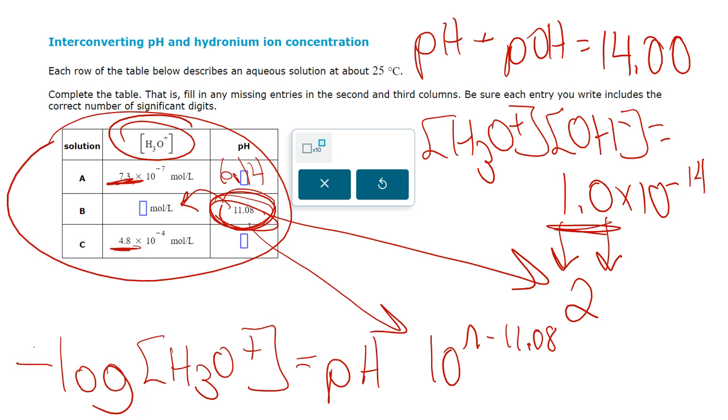And I get, what? So 2 sig figs, 8.3 times 10 to the negative 12th, big M. So moles per liter, same thing as big M. Big M equals moles per liter.